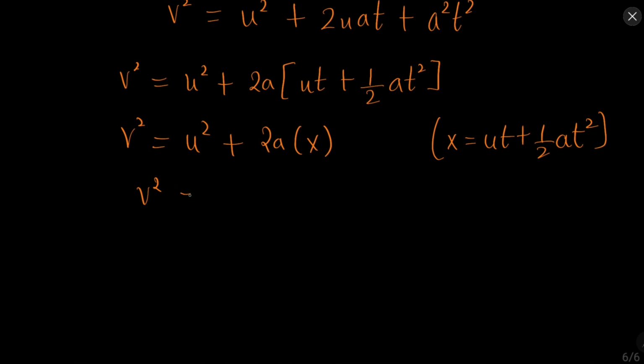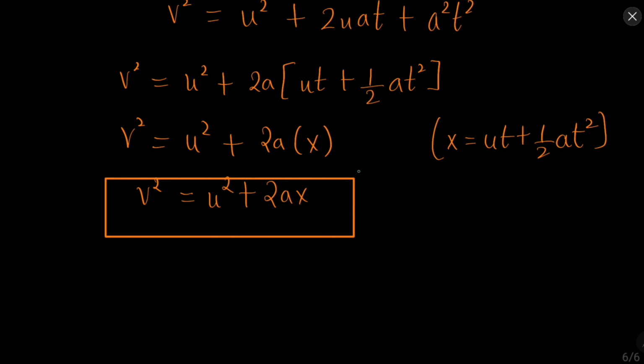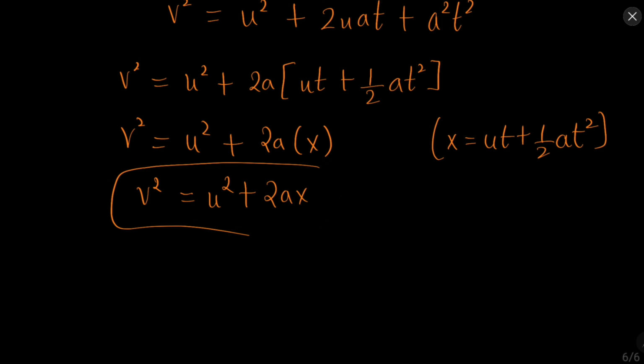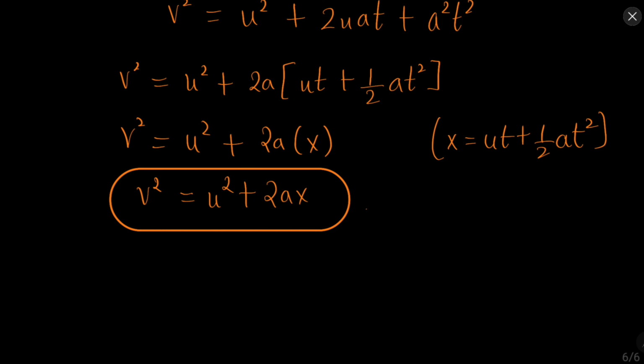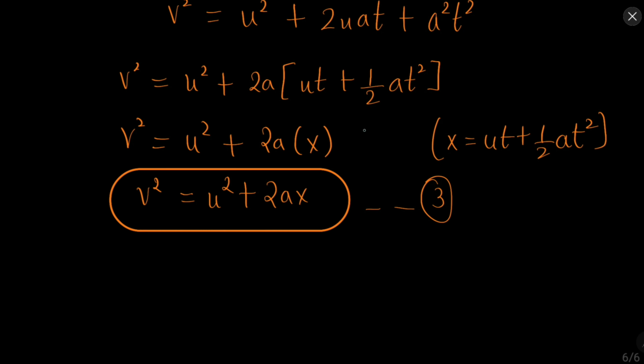So ultimately we get v square equal to u square plus 2ax. So this is our third equation of motion. So this is how we get the three equations of motion when the acceleration is considered to be a constant. Okay, remember acceleration is a constant. Third equation, second equation and first equation.